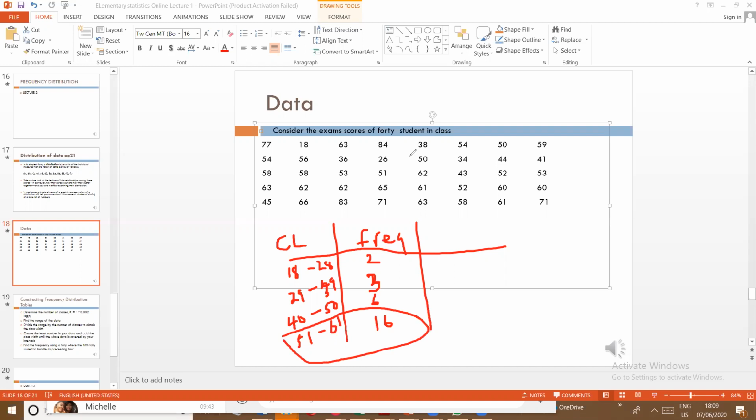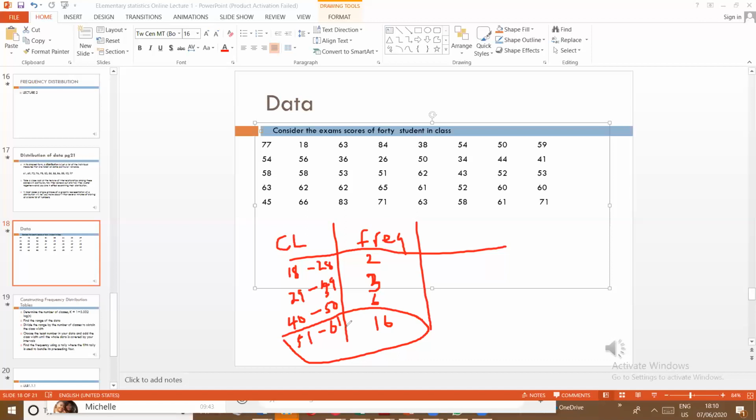So it means that the modal score obtained by students in the class is 51 to 61. In very simple terms, we will say that a lot of people scored between 51 to 61. You understand? That is what we are saying.